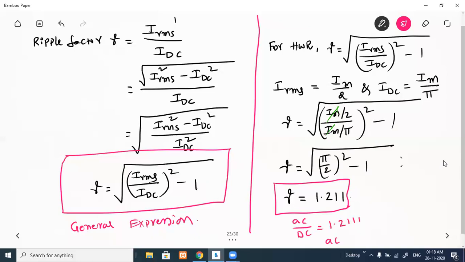From this, AC component equal to 1.211 into the DC component. So from this, we can say that the ripple content in the output of a rectifier is more than the required DC component. So half-wave rectifier is not a good rectifier. There is more AC component and less DC component.